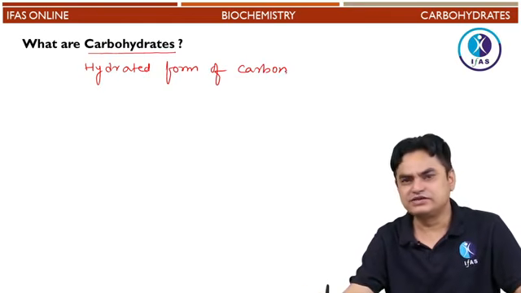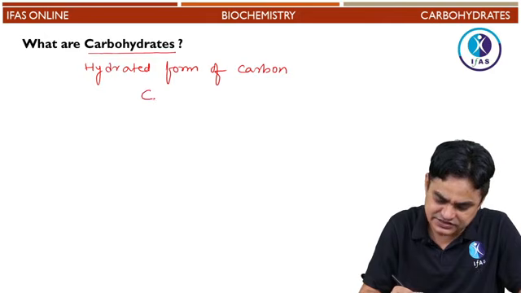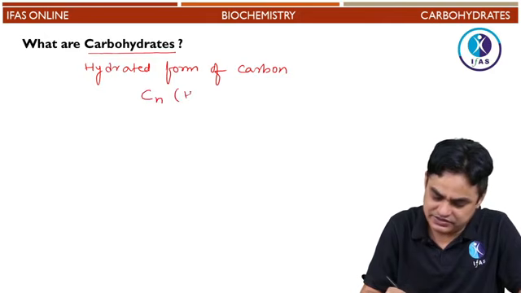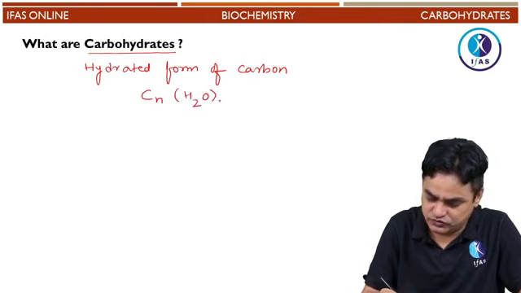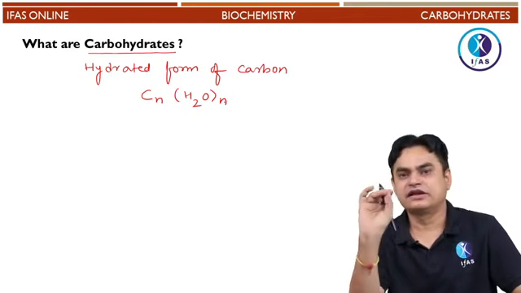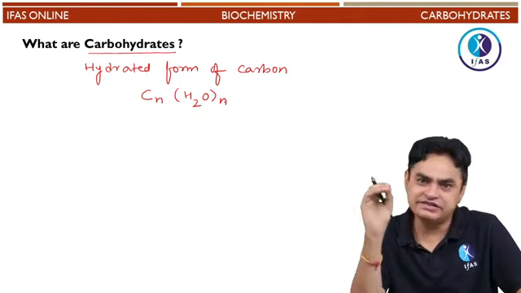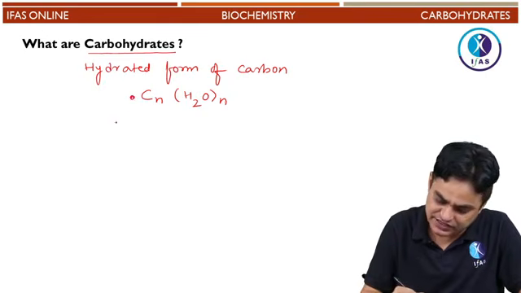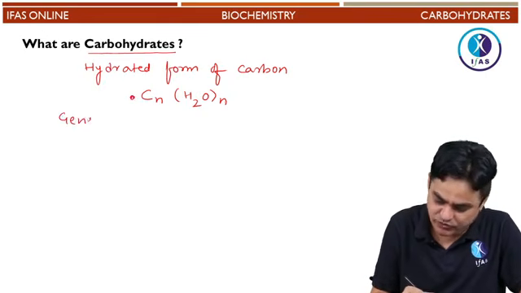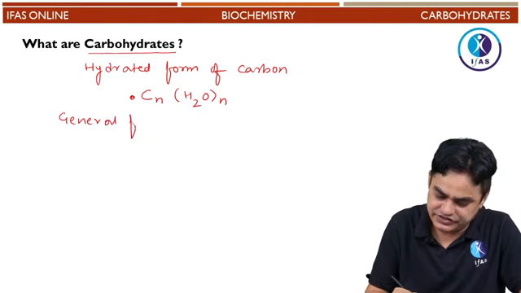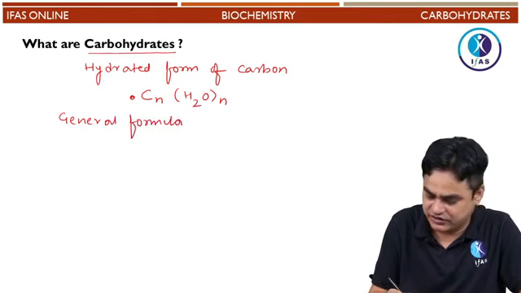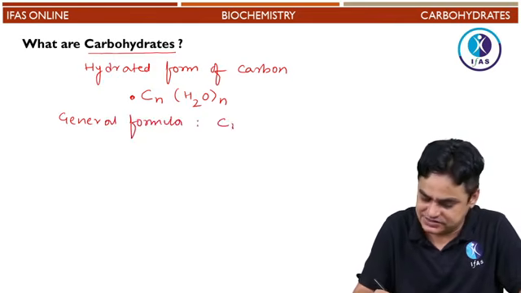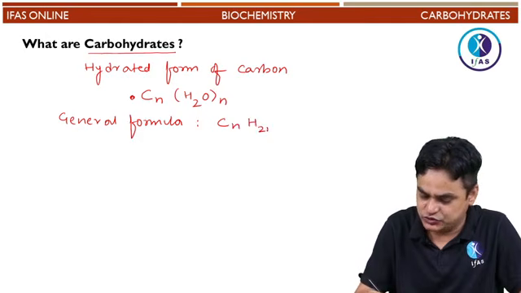What this means is, let's say we write this is a carbon, this is water. So in other words, water is interacting with a carbon. And that's why we can say that the general formula for the carbohydrate is CnH2nOn.